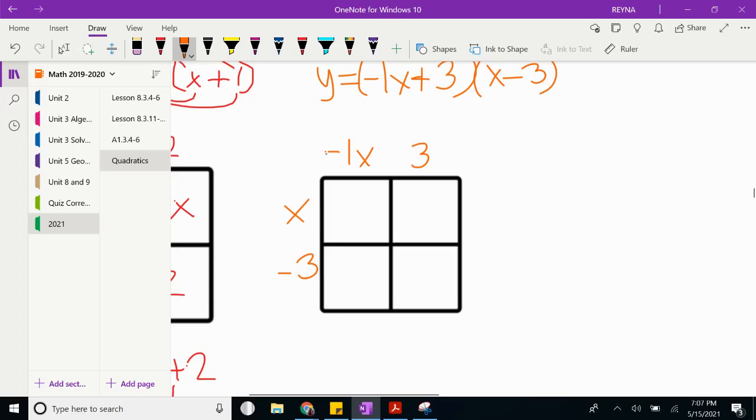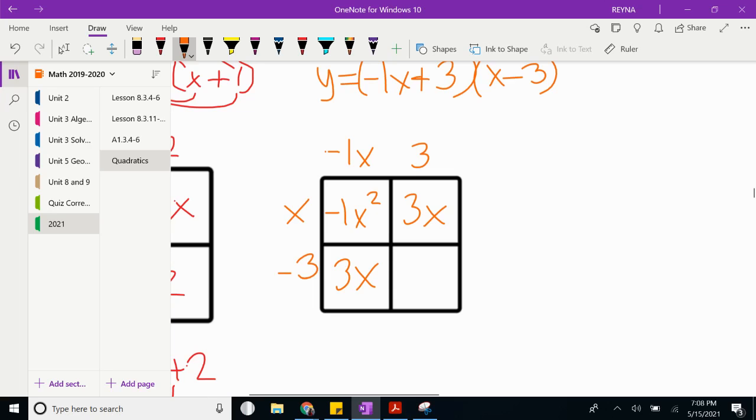What do you get when you multiply -1x and x? -1x squared. What do you get when you multiply 3 and x? 3x. What do you get when you multiply -1x and -3? +3x.